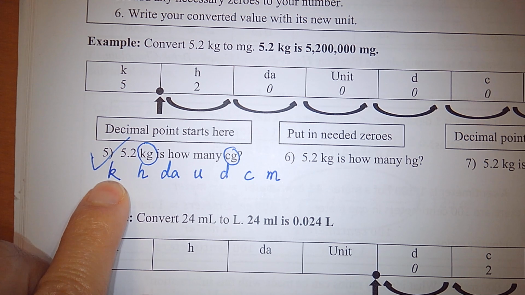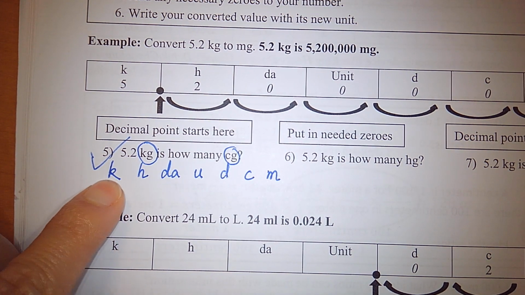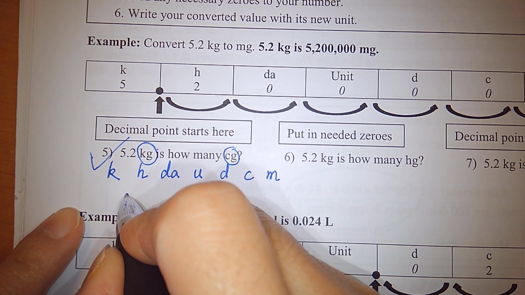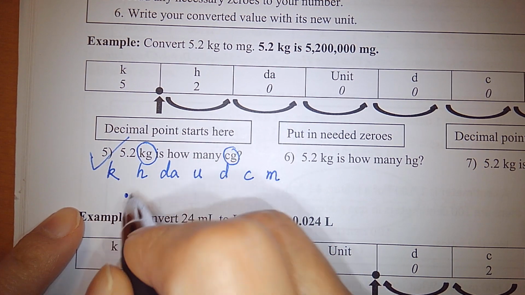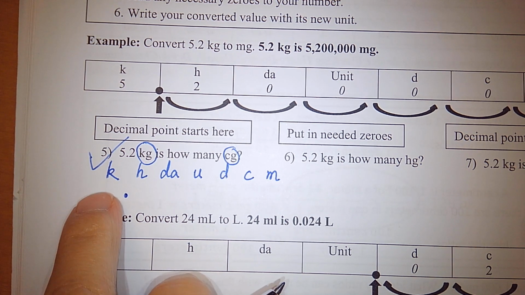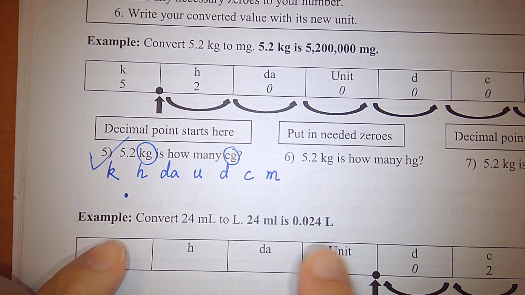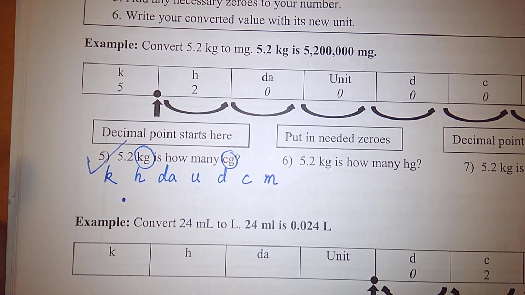Because K is the unit converting from, we put a decimal point to the right of K.